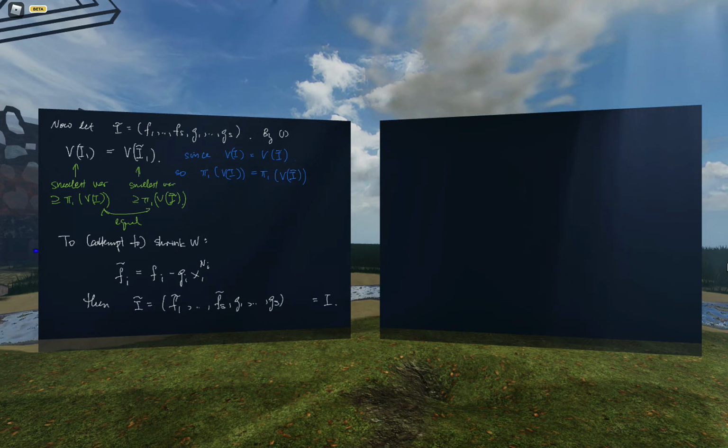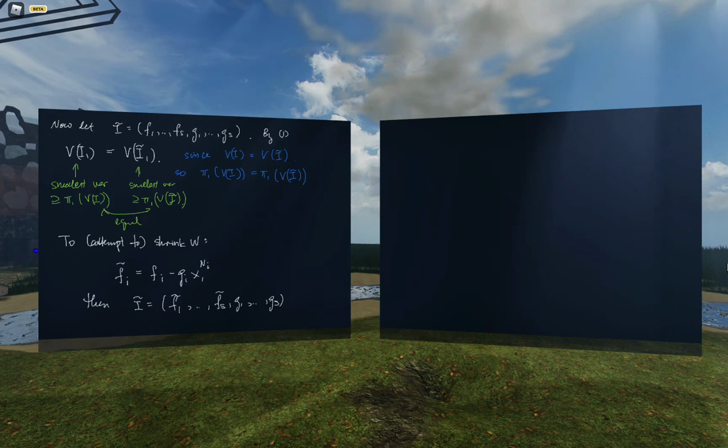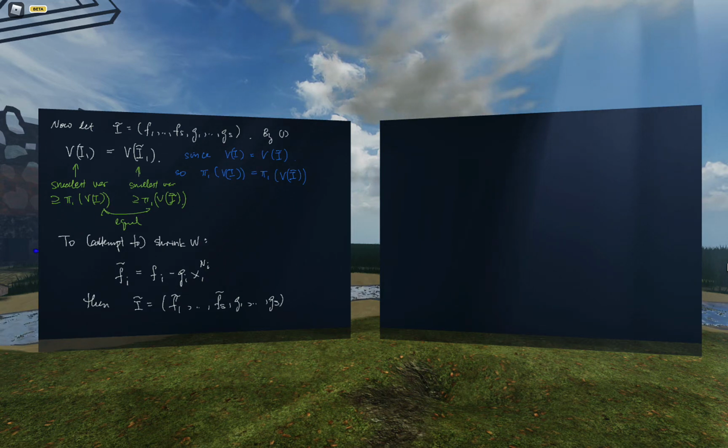Wait, hang on a second. Why do I have I tilde? The claim is that this I tilde is generated also by F1 tilde, F2 tilde, up to Fs tilde, and G1 to Gs, and I tilde is defined as F1 to Fs and G1 to Gs.